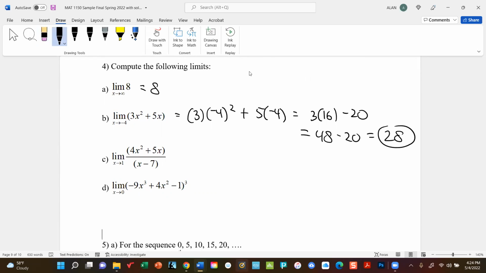Very good. Now this next one, it's 1. Three halves. And now this last one, the limit is, we're going to 0.